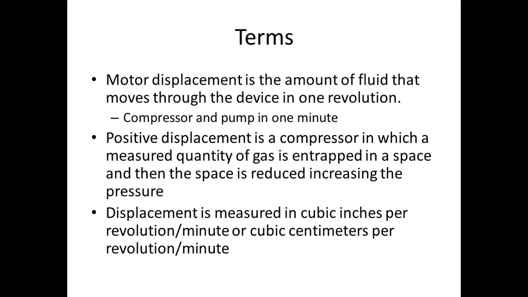If they decrease the space, what's going to happen to the volume? The volume goes down, pressure goes up, right? Everybody okay? Displacement is measured in cubic inches per revolution or cubic centimeters per minute. So cubic feet per minute, that's what we're dealing with here. Of course, we know the difference between standard cubic feet per minute and actual cubic feet per minute.